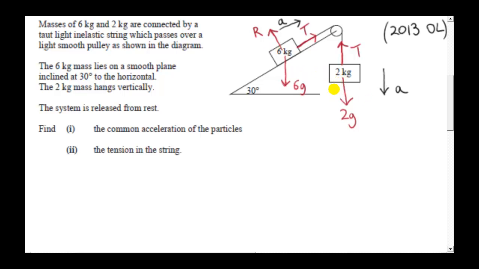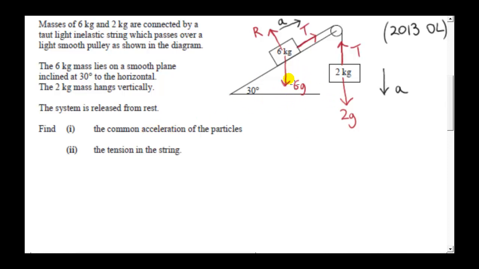Friction is not involved in this problem, so the configuration of forces is going to be exactly the same, regardless of the direction of motion of this system. If a comes out to be positive, well, then the chosen direction happens to be correct. If a comes out to be negative, well, we just reverse this direction, and we just take the magnitude of that negative value.